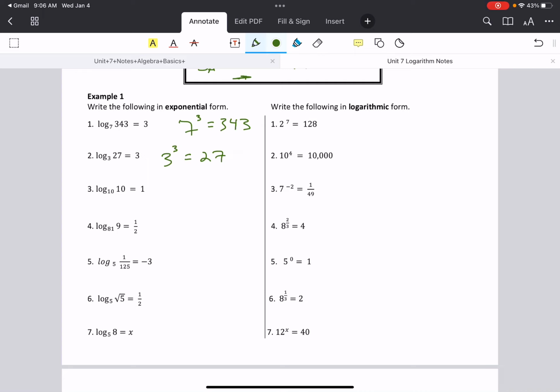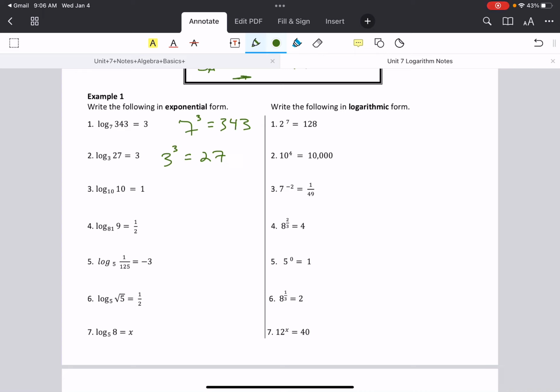Does anybody remember, you got to dig back into last year's math brain, Sec 2, what a 1/2 exponent can also be written as? What is the exponent of 1/2 the same as? 0.5 is a decimal, that's true.